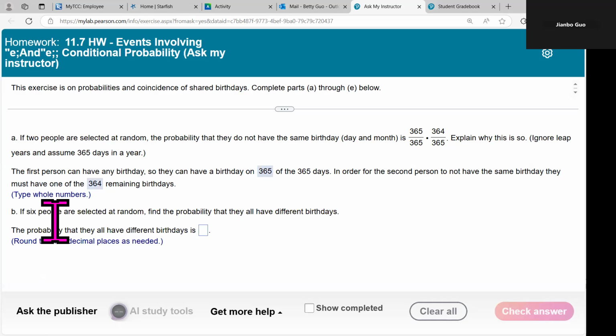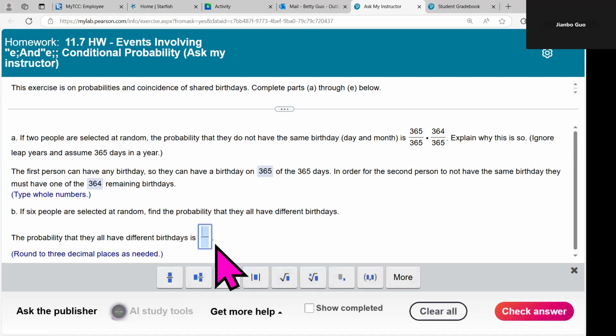Part B, if 6 people are selected at random, find the probability that they all have different birthdays. Round to 3 decimal places. I'm going to show you how we find the denominator and the numerator, okay? So consider 6 people.